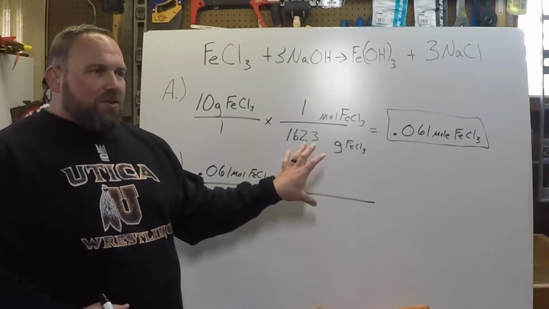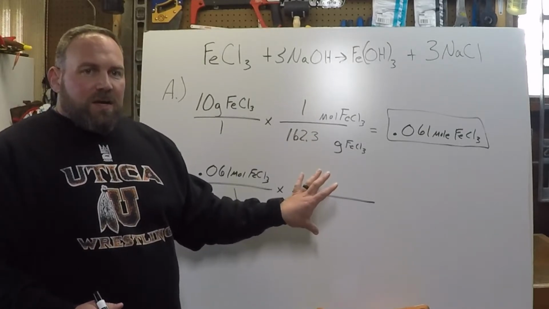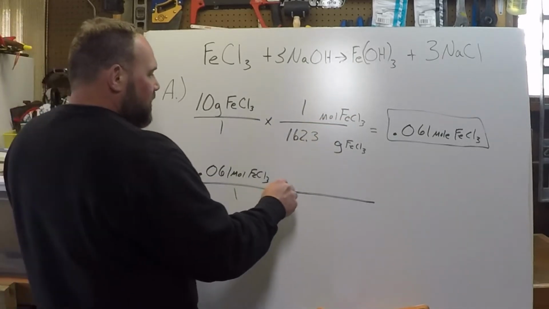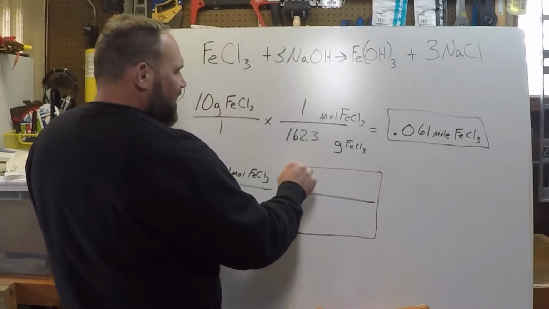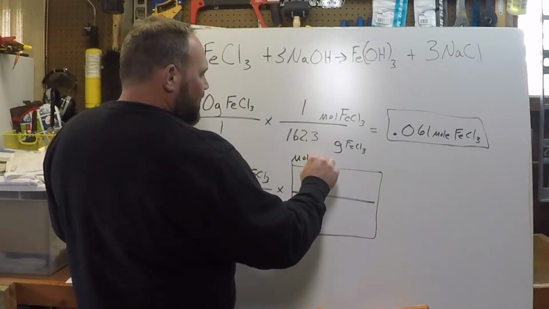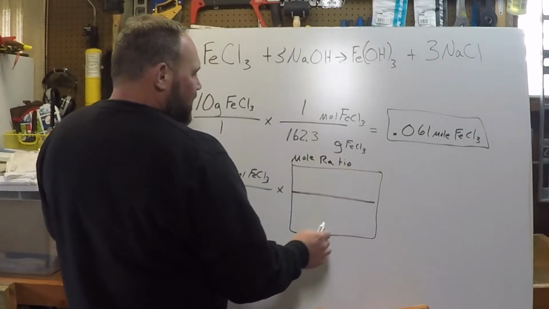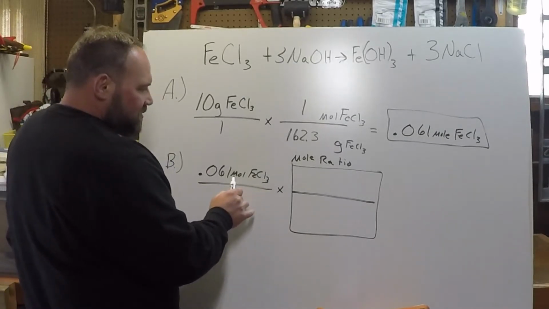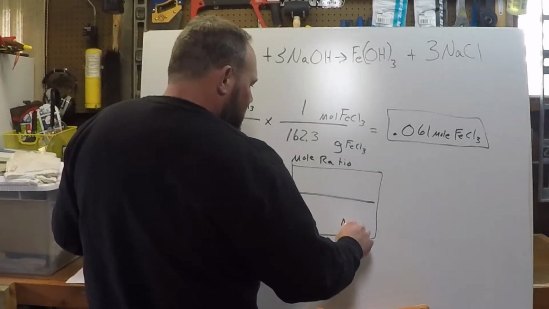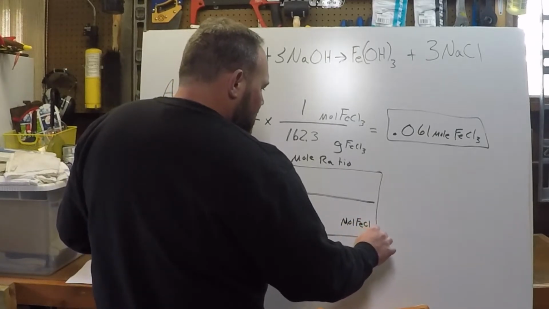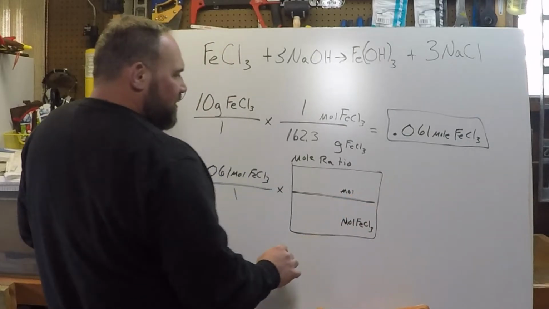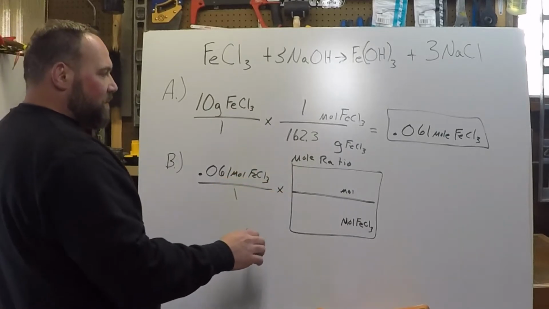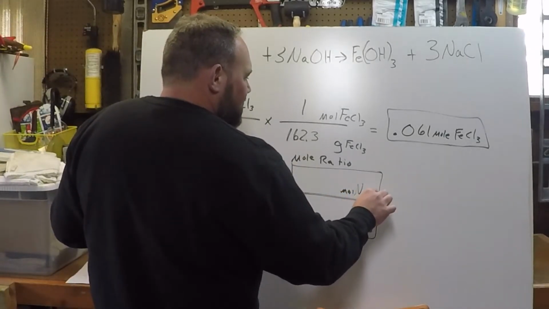So this is where we're going to use the mole ratio, and that mole ratio comes from the equation, with the coefficients. I'm going to box this in real quick because this is kind of a special step, and label it as mole ratio. Sticking with the theme, I take this unit, which is moles of FeCl3, and put it down here. Ultimately I want to find the mass of sodium hydroxide, but first we need to find moles of sodium hydroxide, so here is moles of sodium hydroxide up here.